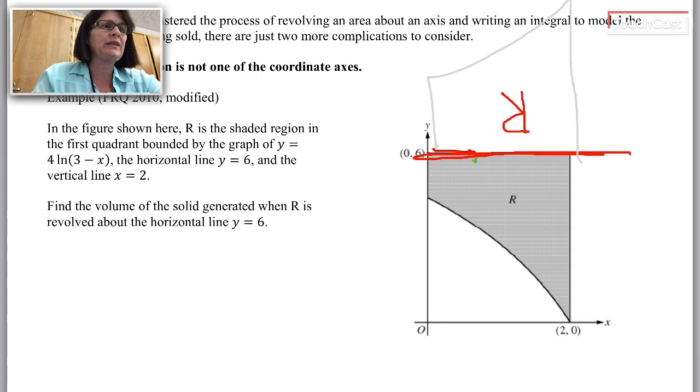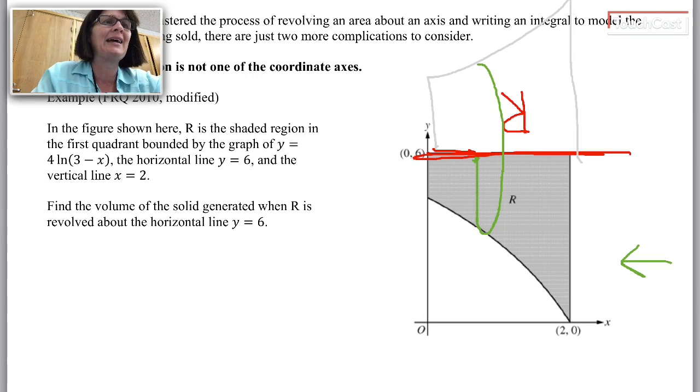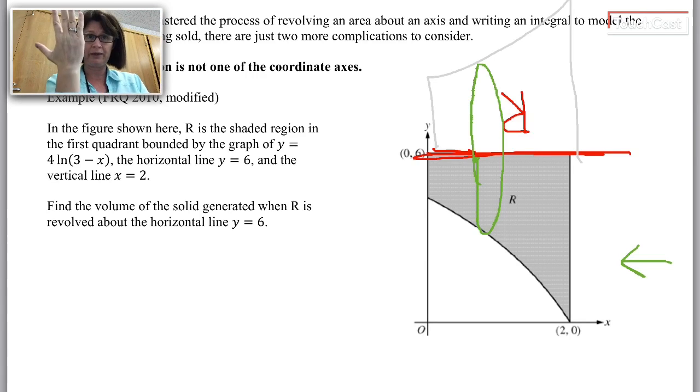This region R that's down here, that's where I actually know the equations, right? My reflection up here, I don't want to aim for that. I want to aim for down here. So I'm going to aim for the curve whose graph I know, back up behind the axis of revolution, and back down here. All right, so that's a slice. If I sliced it and looked at it, I'd be looking at a green circle.